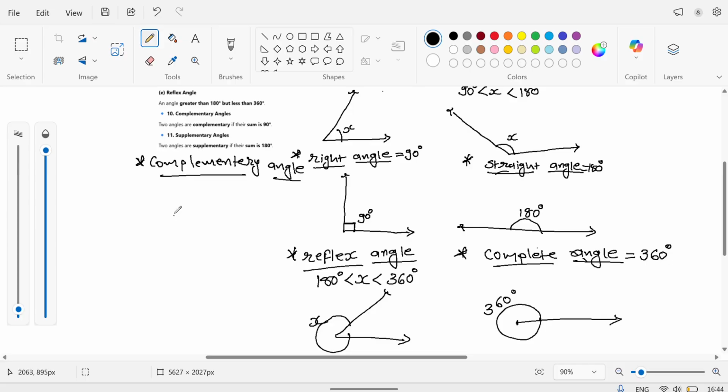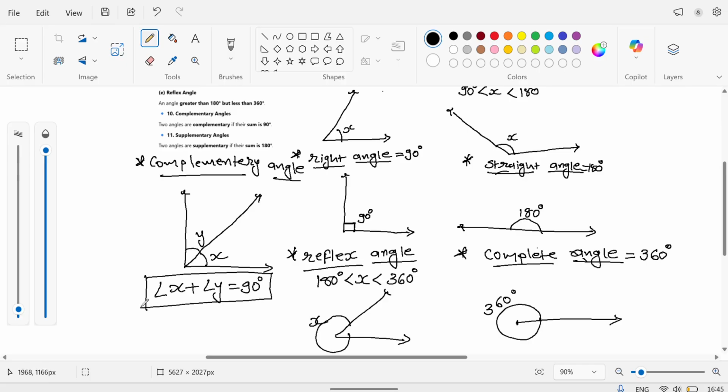Let's suppose two angles, one is x and another is y. If angle x plus angle y equals 90 degrees, it's called a pair of complementary angles.